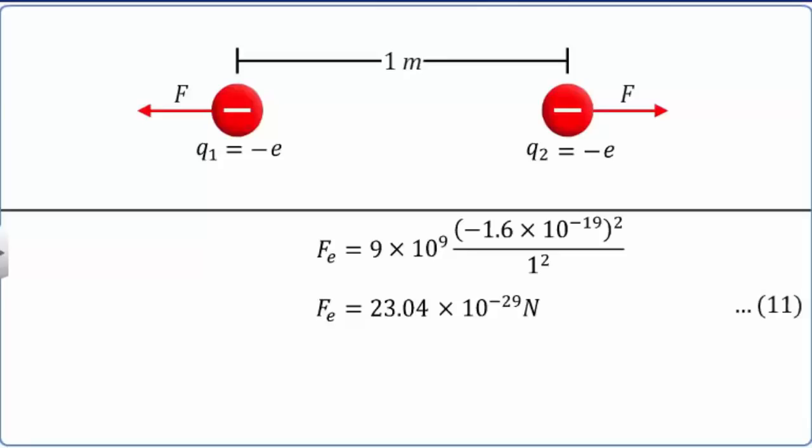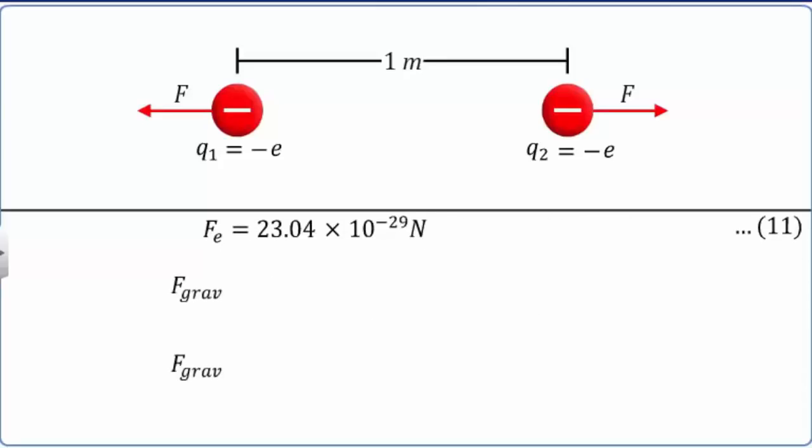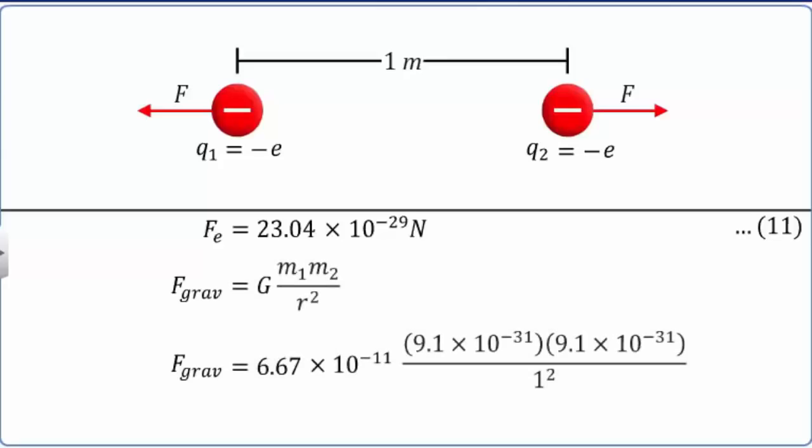Let us now compare the electrostatic force between these electrons with the gravitational force between them. The gravitational force F between the electrons is G into m1 m2 by r square, where m1 and m2 are the masses of the electrons, which are equal to 9.1 into 10 power minus 31 kilogram each.